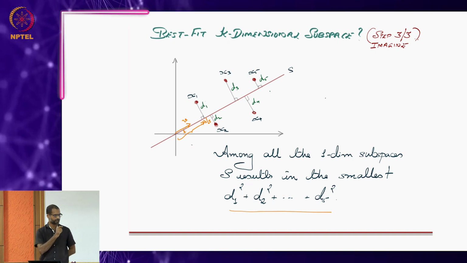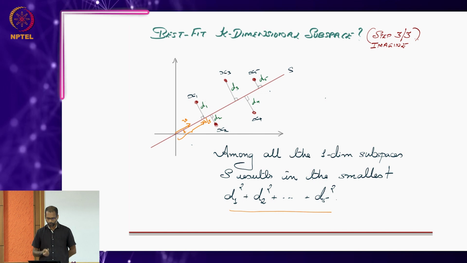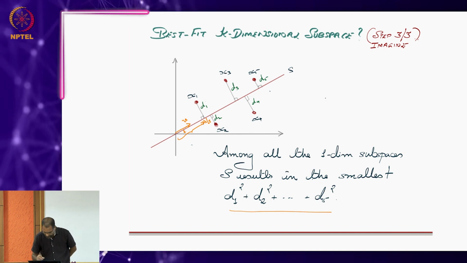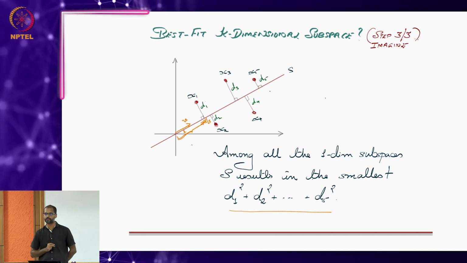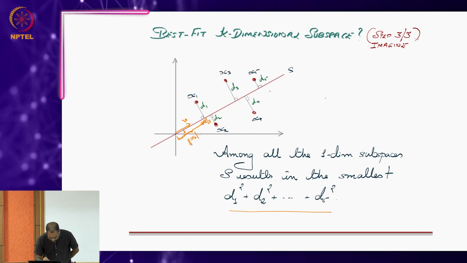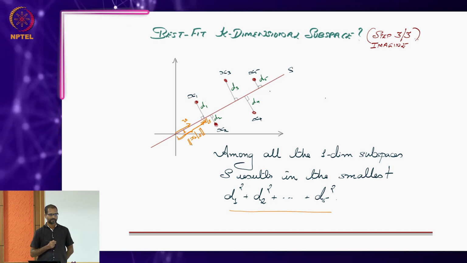In fact, you know what is x1, you know what is v. Can you tell me a formula for this length that I have indicated in orange here? The length of the projection. Okay, this length is, yeah, x transpose v upon mod of x.